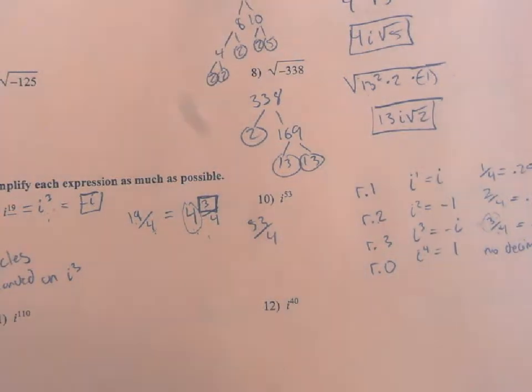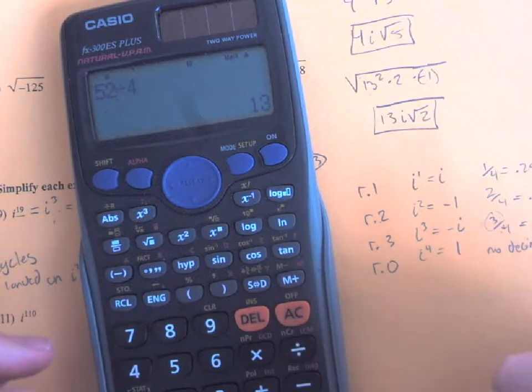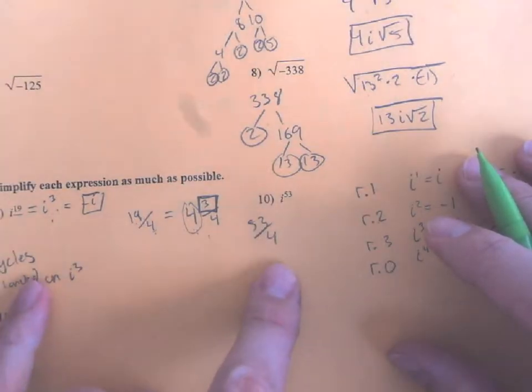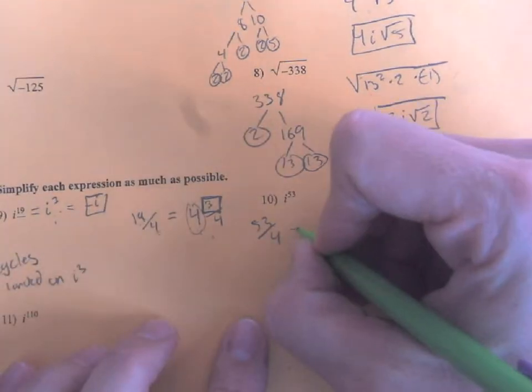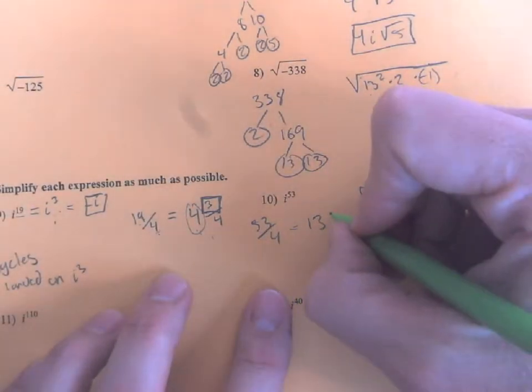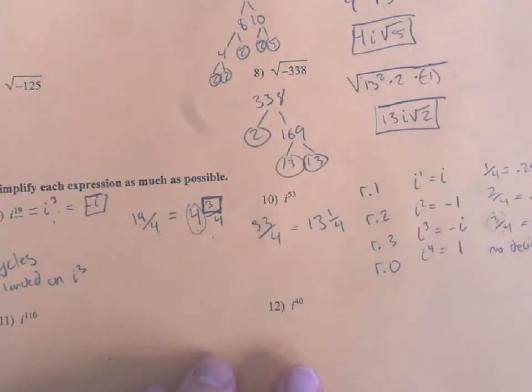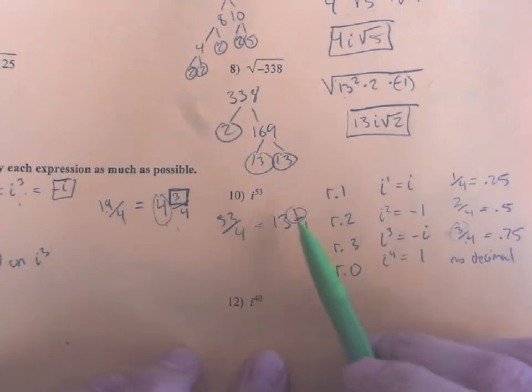But we can get close. We can get it to 52, I believe. So let's see if 4 goes into 52. Okay, it does. So 4 goes into 52 13 times, but we want to get to 53. So there's a remainder 1, or in other words, we have 1 out of 4. So my remainder, when I divide 53 by 4, is 1.